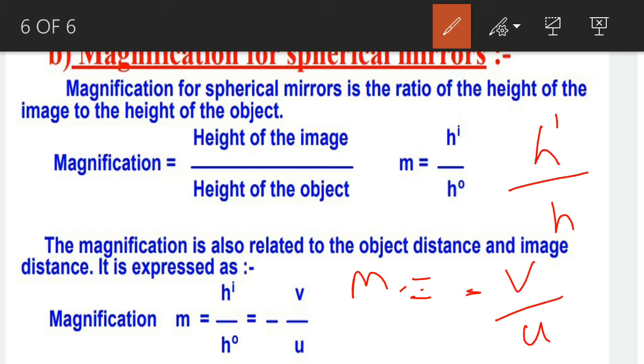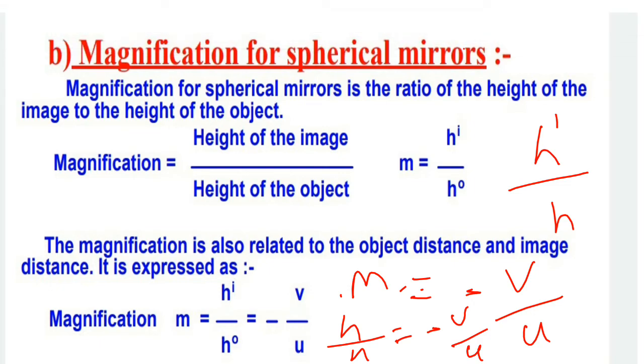That is, h dash upon h is equal to minus v upon u. Clear? These equations are true for all cases of image formation by both types of spherical mirrors, concave as well as convex.